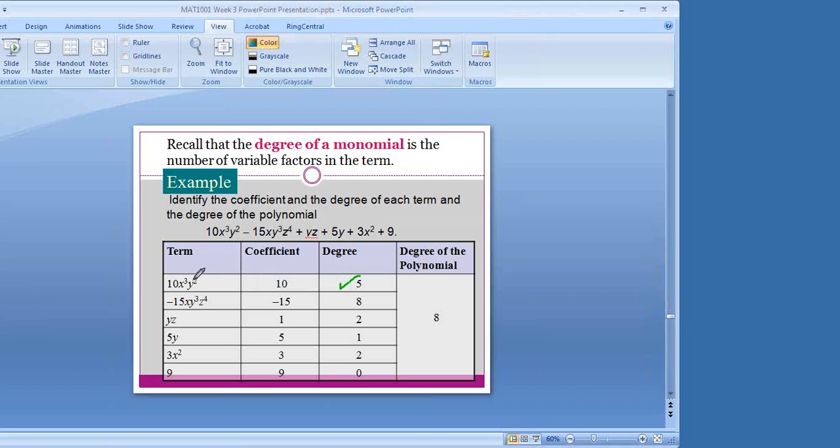On the next one, it's 3 plus 4 is 7 plus 1. Don't forget that implied 1, so that's 8. And then we've got 1 plus 1, which is 2. We've got 1, we've got 2, and 0. So all of these are correct, of course, but those are the degrees of each of the terms. If you want to know the degree of the whole polynomial, it is the largest, and that is 8.